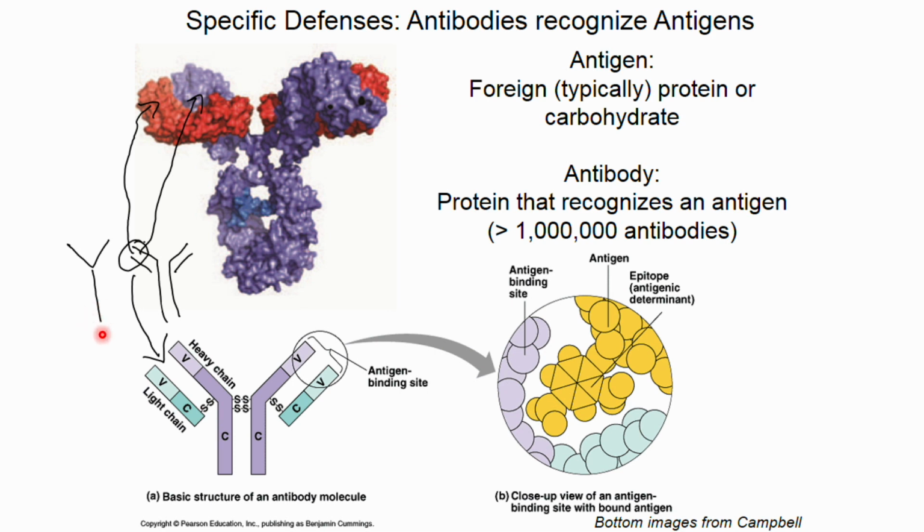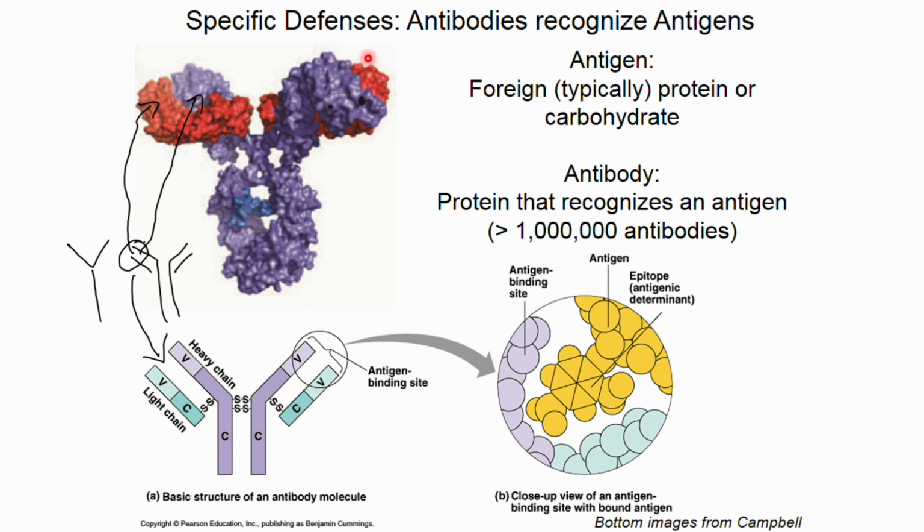I called it the handle, because the handle should be the same in all antibodies if a phagocyte is going to grab it. It knows that this is the handle. This portion up here is the part that's different, and that's why it's called V down here. It is the variable region. So there is the constant region, which is down here, and there is the variable region, which is up here.